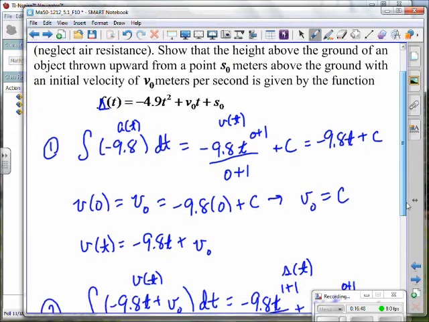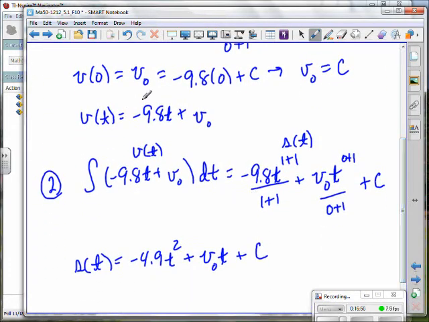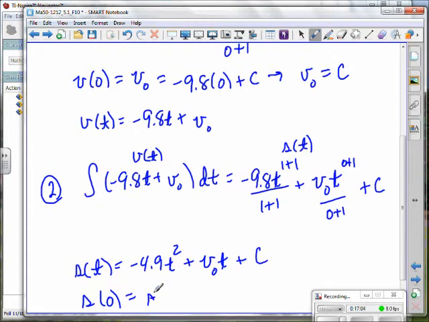So we have then, using the same logic as here, another way that we express where the object is at time 0 is to call it s sub 0.